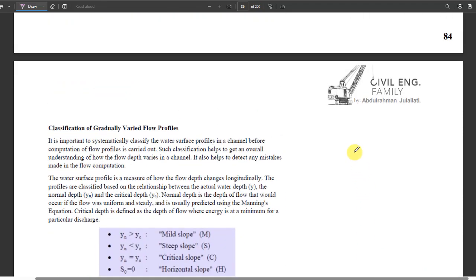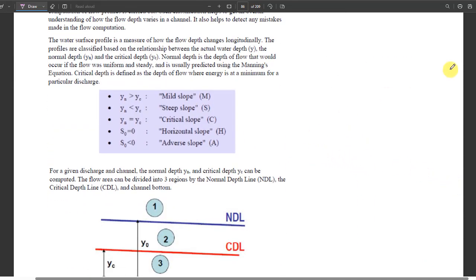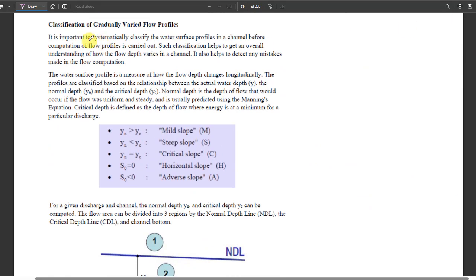Okay then. So, coming now to another concept, which is classification of gradually varied flow profiles. What this one discusses is that, as we said, we have subcritical and supercritical flows.